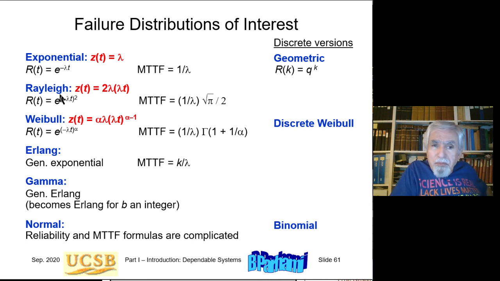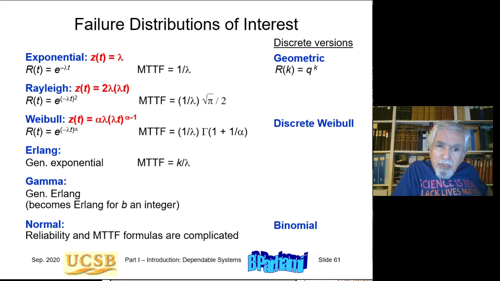Rayleigh distribution has this hazard function. The reliability equation is e to the minus lambda t squared. Okay, the mean time to failure can be obtained to be 1 over lambda times square root of pi over 2. This is not intuitively obvious why that's the case, but it can be computed by applying the formula for MTTF to this particular distribution.